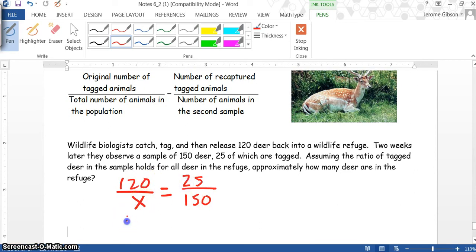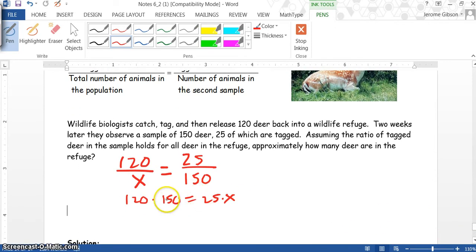Now we cross multiply. You have 120 times 150 is equal to 25 times x. So you have 120 times 150, which will give us 18,000, and that's equal to 25x.